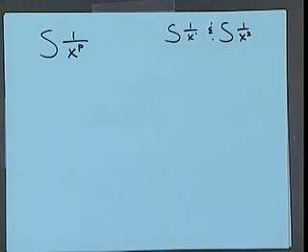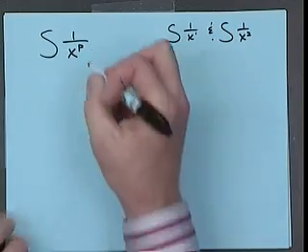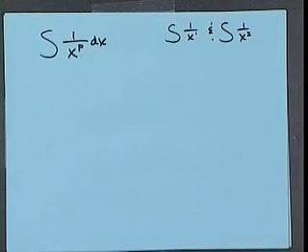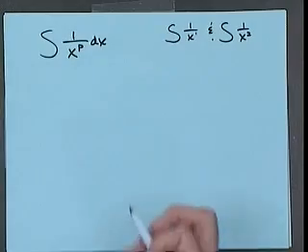Well, let's see if we can categorize what we should expect for an answer based on the numerical value of p. Is there a cutoff where when p is smaller than that, it diverges, and when p is larger than that, it converges? Let's see if we can come up with this.